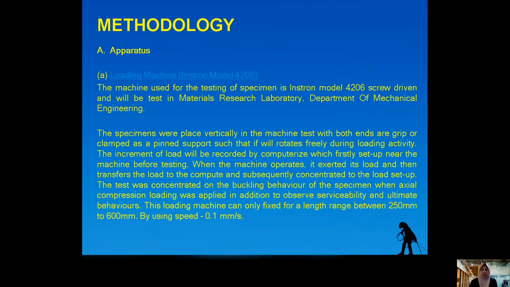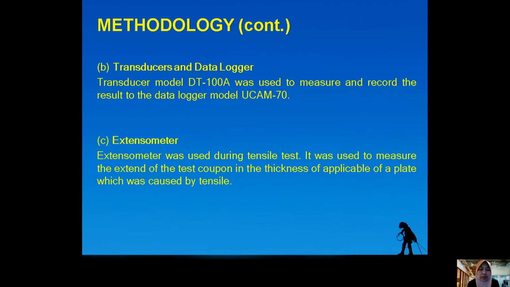This is the methodology according to the apparatus. I used a loading machine instrument model 4206. The next one, I used transducers model DT-100A, which were used to measure and record the results to the data logger model UCAM-70.